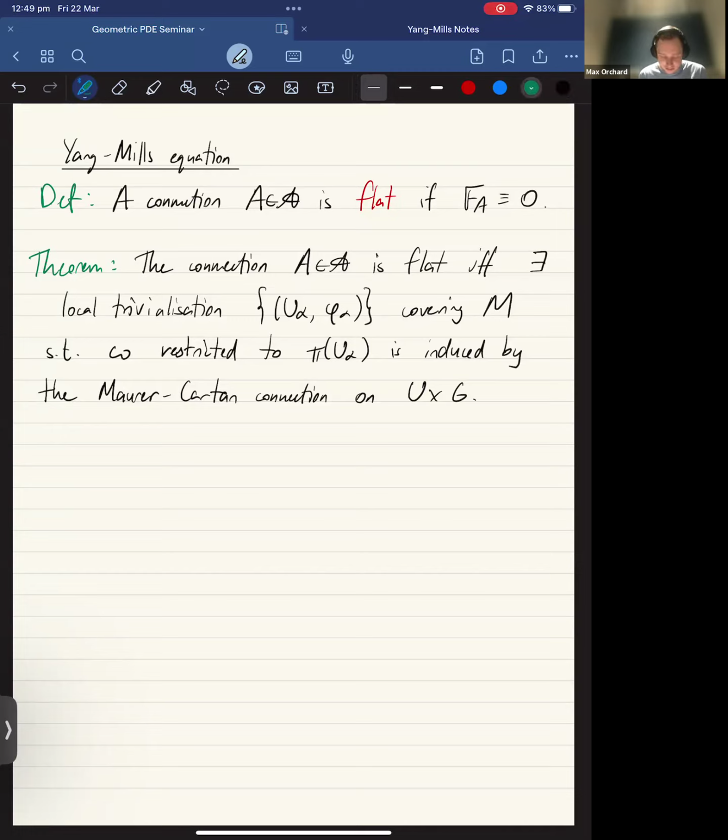Now, a corollary of this, now what exactly this corollary is saying, I guess, the exact words aren't too important.